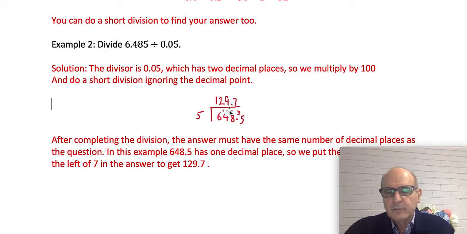However, whatever decimal places the number you're dividing has now, which is just 1, the answer also needs to have 1 decimal place.